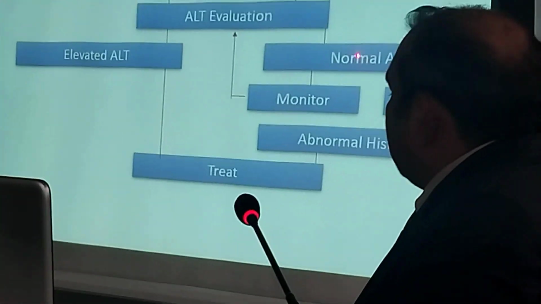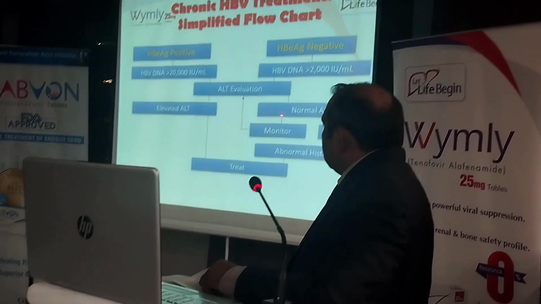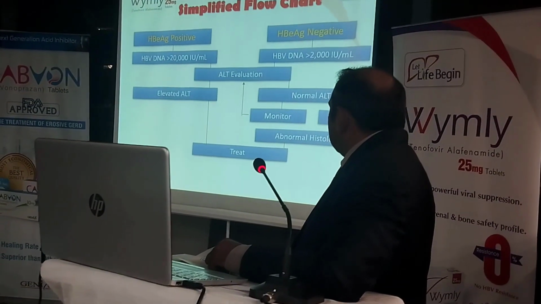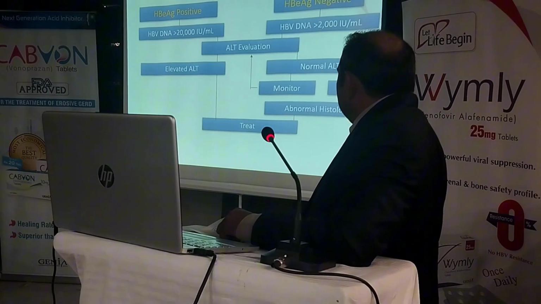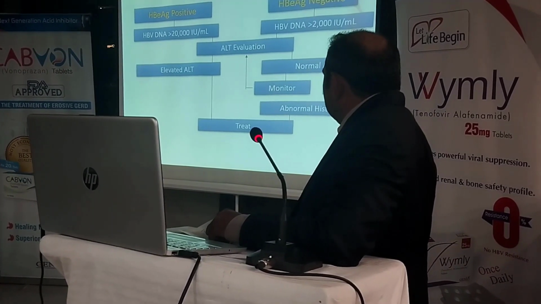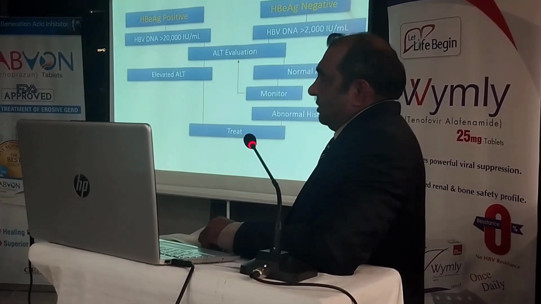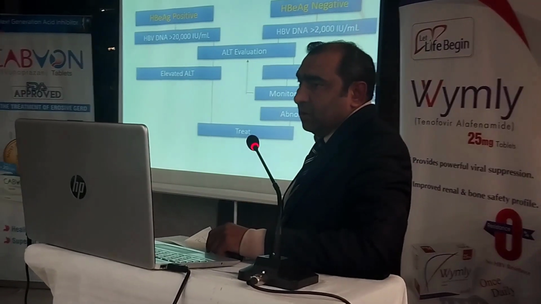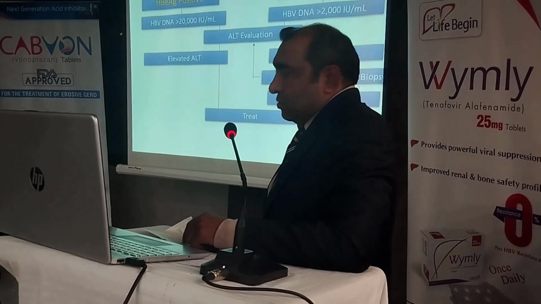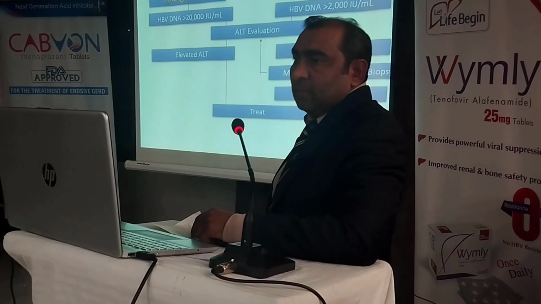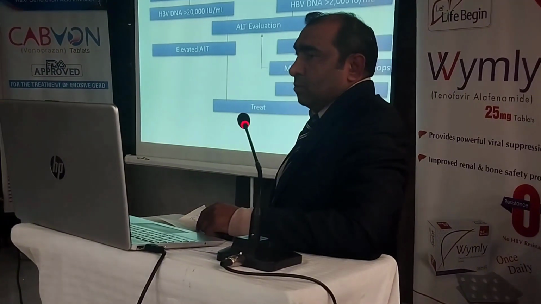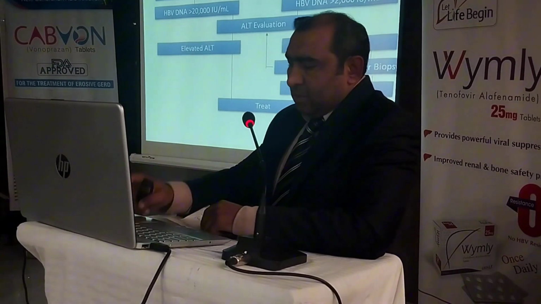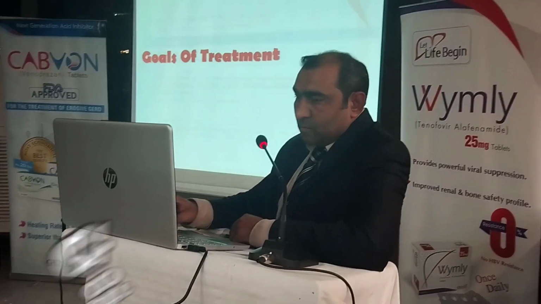But if ALT is normal, we have two options: either we monitor the patient, or we do a liver biopsy, and if there is evidence of any inflammation in the liver, that means hepatitis, and again we will treat the patient. If there is no inflammation, ALT is normal, histopathology is normal, we go for monitoring. There are monitoring intervals we will discuss.